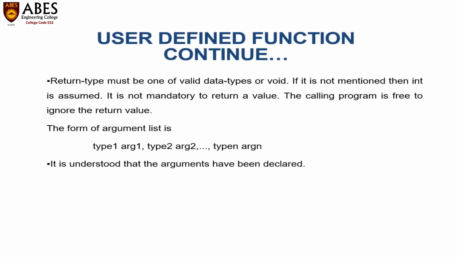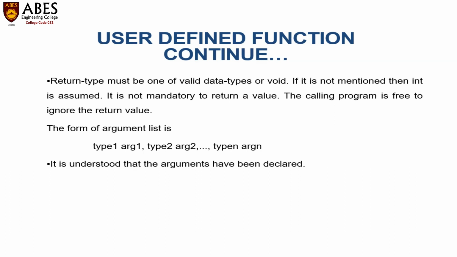Similarly, when you start your program with int main, at the end you need to write return 0. What is the role of return? Return is only a signal which tells the operating system that the function executed properly. So this is the role of return in the main function.